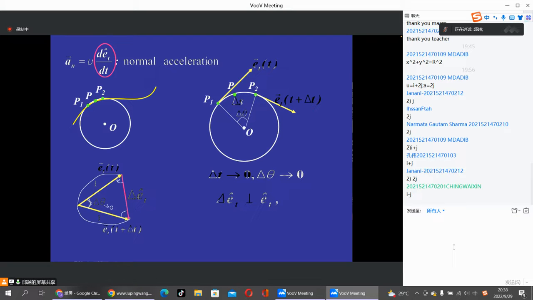And we know that the three angles of a triangle add up to 180 degrees. So this is very close to zero, then this angle is very close to 90 degrees. It means delta et is perpendicular to et.